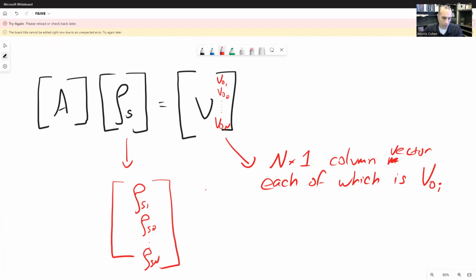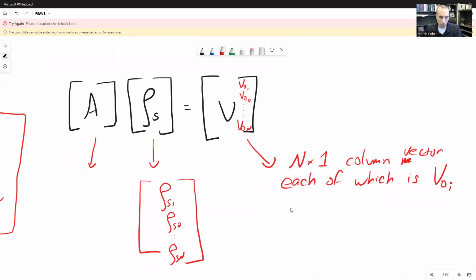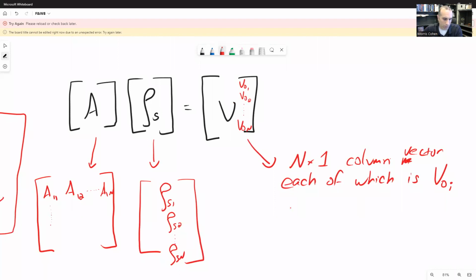All right. And the A matrix is going to be an n by n matrix that's going to relate the charge to the potential. All right, so this is going to be A11, A12, onwards to A1n, and this goes on to AN1, AN2, onwards to ANN. All right, so this is the matrix right here.